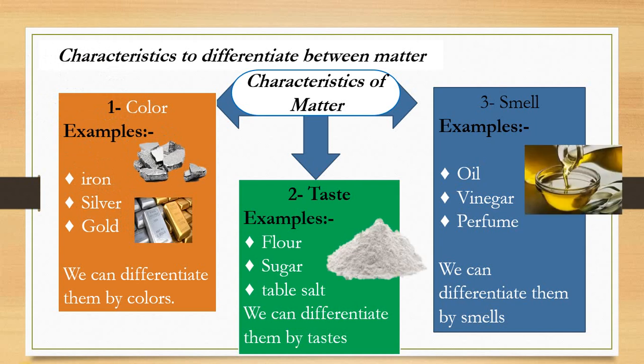Number 1, we can distinguish between some matter by their color, like iron, silver, gold. As we saw, this iron, silver, and gold, we can differentiate them by colors.